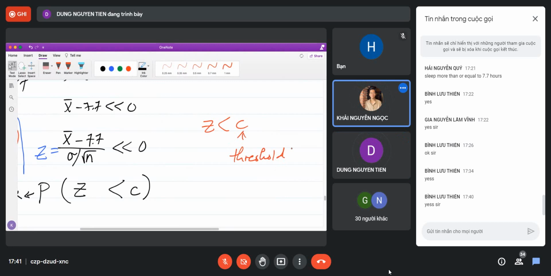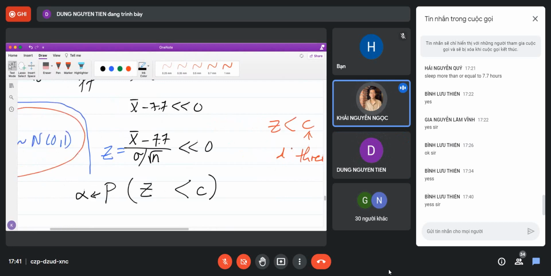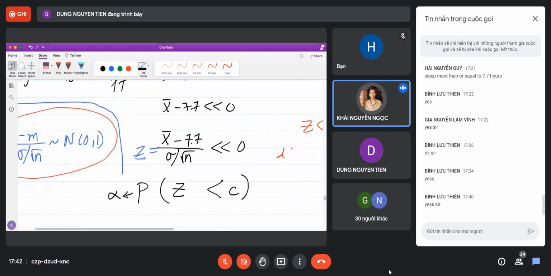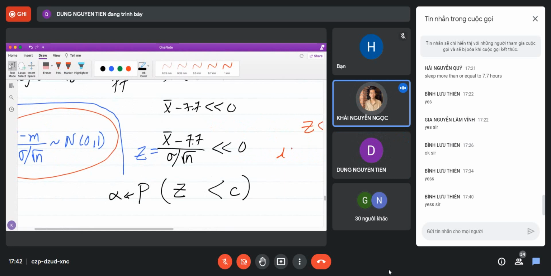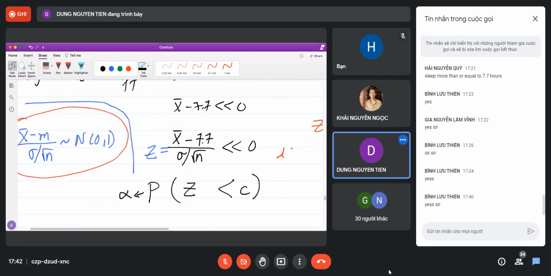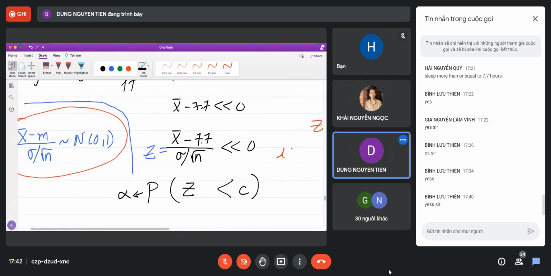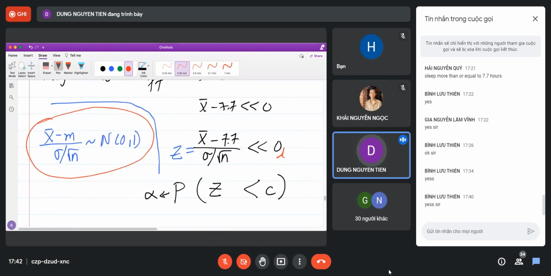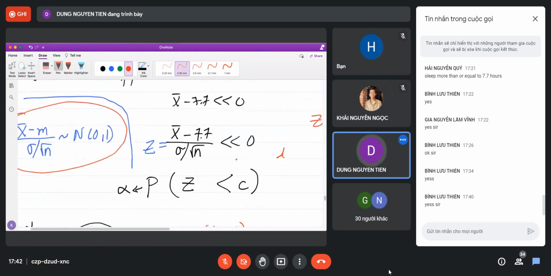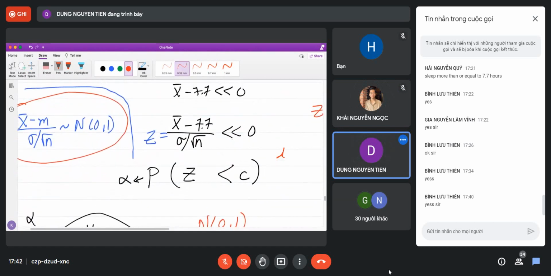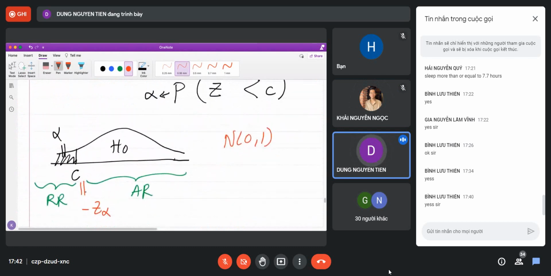That makes sense? It means that C is like a threshold to tell if it's too small or too big, right? Mm-hmm. Yep. Thank you, teacher. Yep. So if Z is less than C, we say that Z is too small. I mean, in this problem, you get that value C, and you compare Z with the C value here.